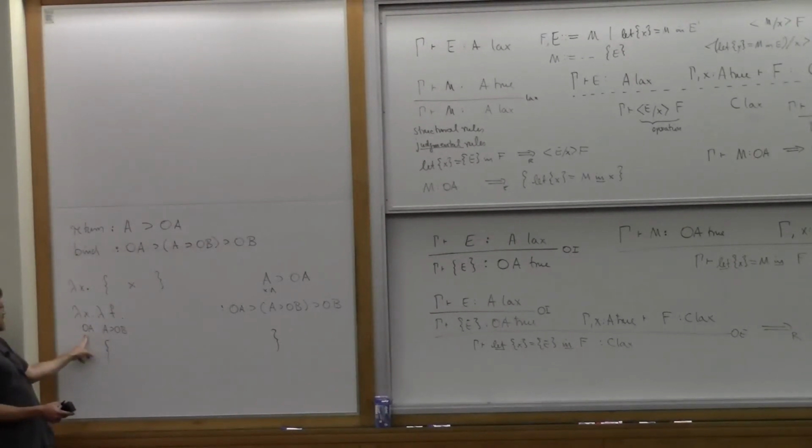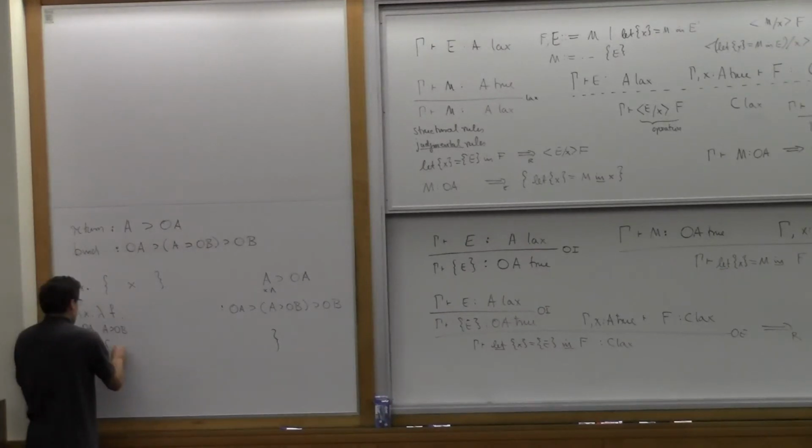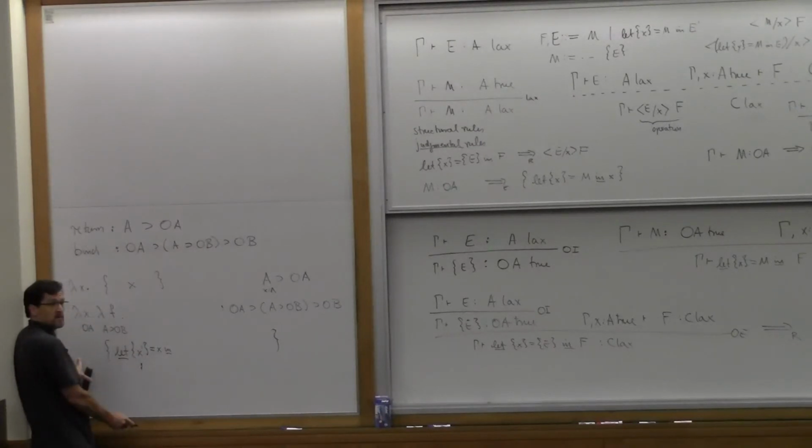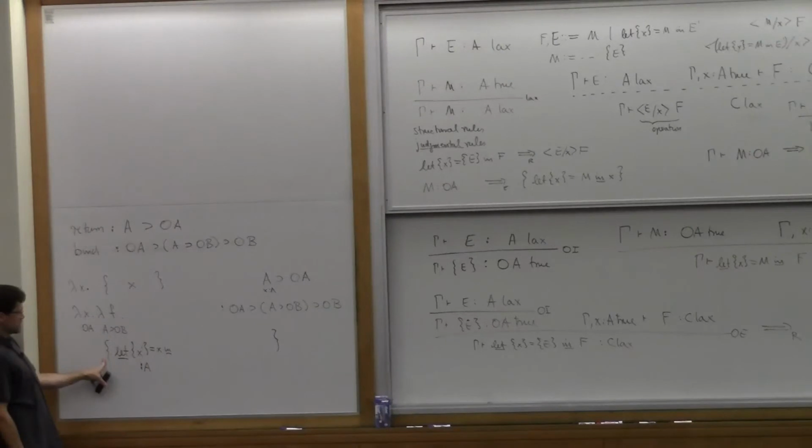Right, we have to deconstruct x. We have to apply the elimination rule for circle A. So we say let brace x prime equals x in. So this x prime now has type A. Excellent. Okay, so now what do we do next?